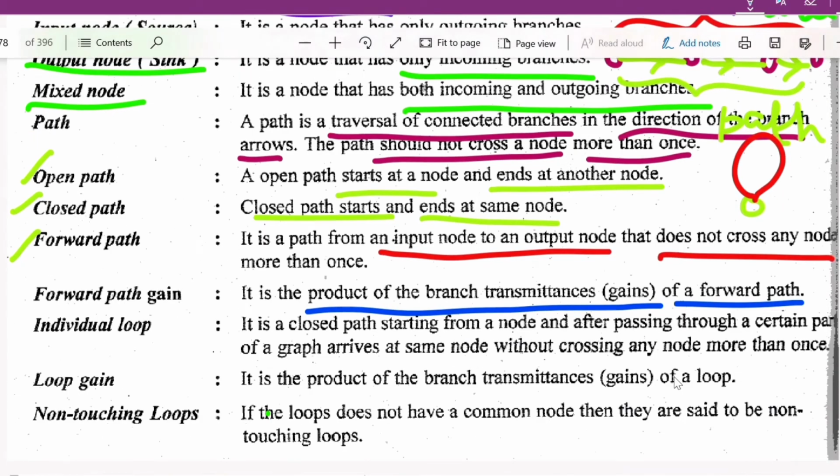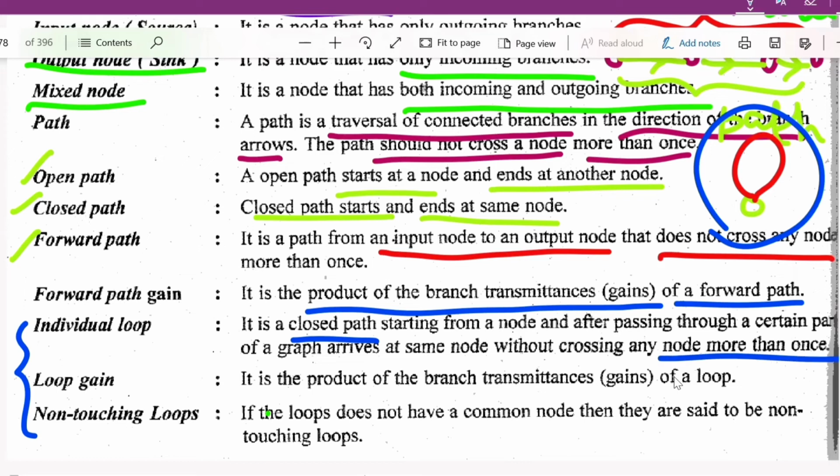Then we have three more important terms to explore. Individual loop. An individual loop is a closed path. Just now we discussed a closed path which starts from a node and after passing through a certain path of a graph, arrives at the same node without crossing any node more than once.